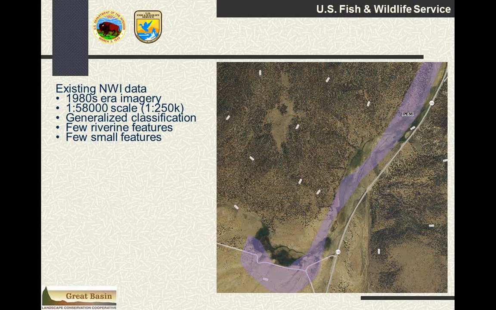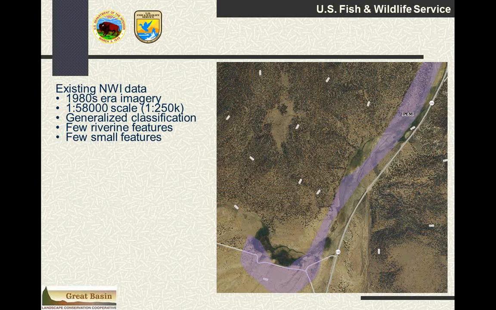Usually what we're faced with, and in particular here in Nevada, is aged data. On the screen now is an image of typical existing NWI data that Elaine has already told you comes from the 1980s era imagery.